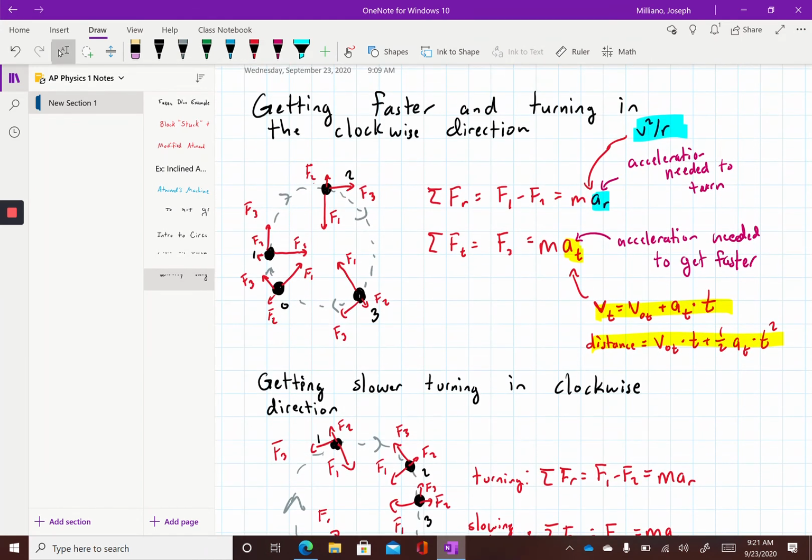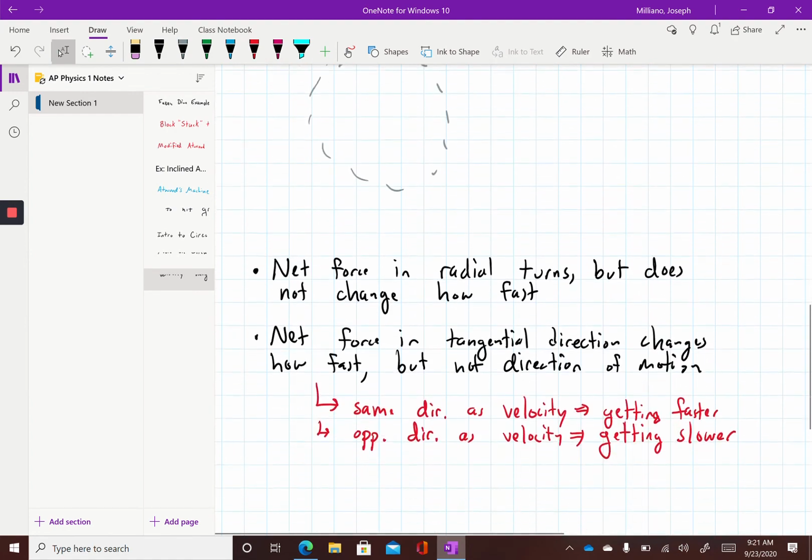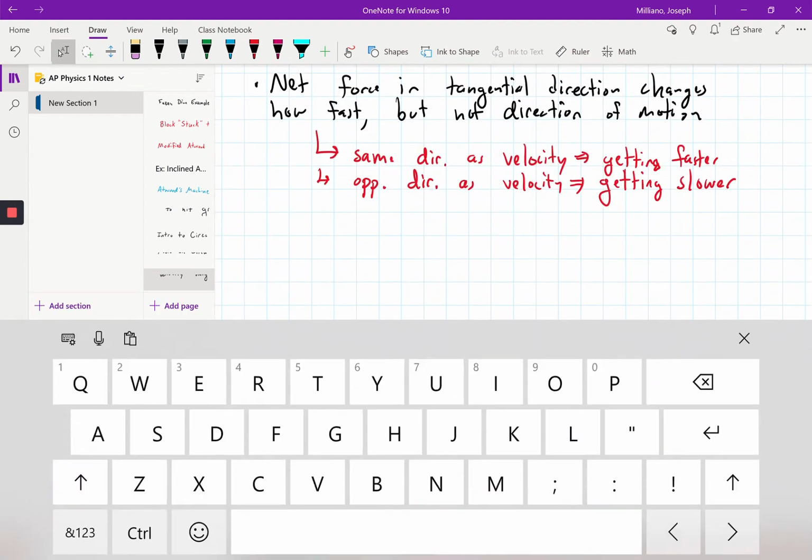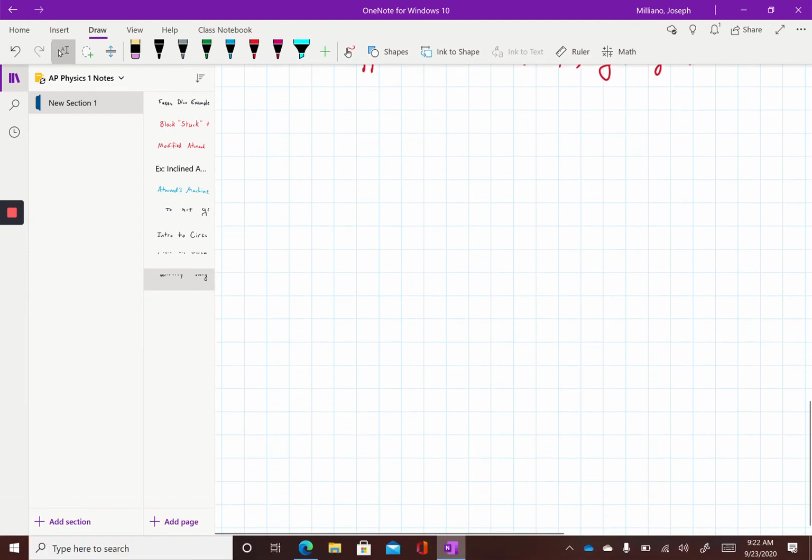Like I said, in the future we'll probably focus mostly on things turning at a constant speed, where there is no net force in the tangential direction. Actually, I want to really emphasize that point because that's where a lot of students get confused.